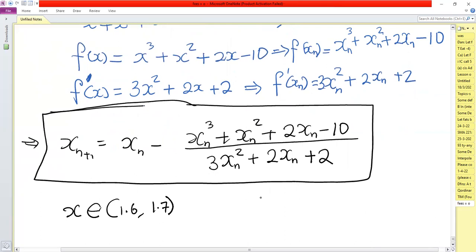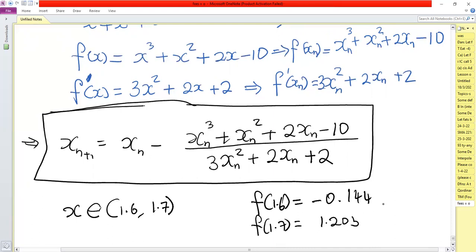So the first thing we have to test: 1.6, when you put into the function, you get, from our calculation, negative 0.144, and 1.7 gives 1.203. So these are negative values, these are positive values. So indeed, our solution lies in this interval.